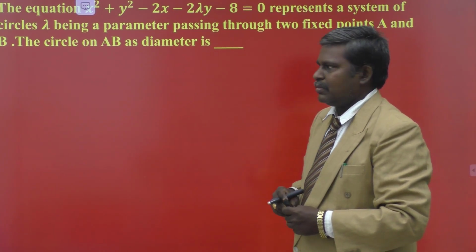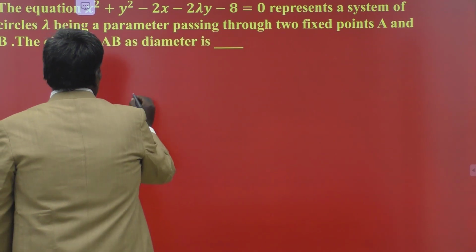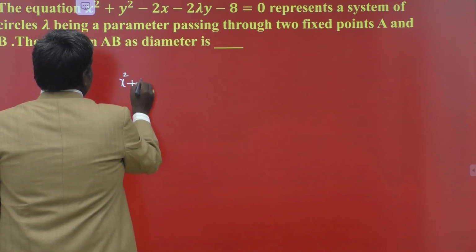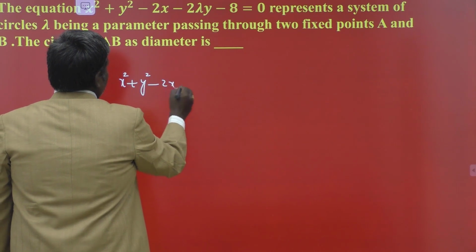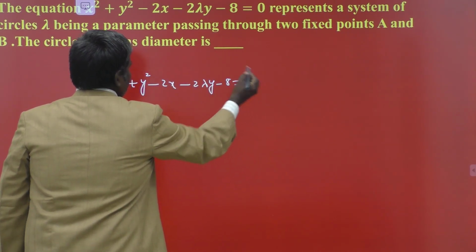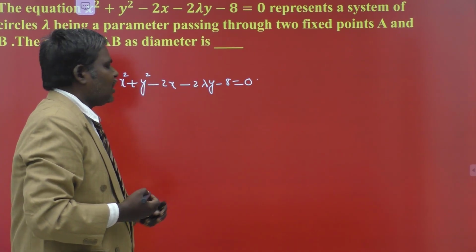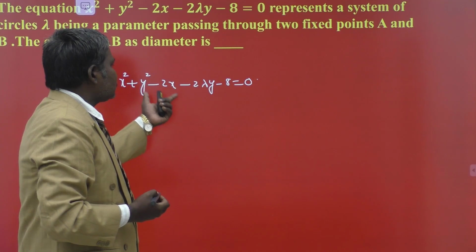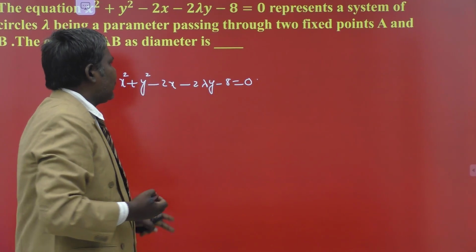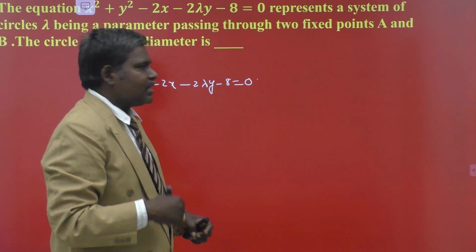So the given equation is x square plus y square minus 2x minus 2 lambda y minus 8 equal to 0. It represents a system of circles for different values of lambda. All these circles intersect at two points A and B. We have to find the equation of the circle on AB as diameter.